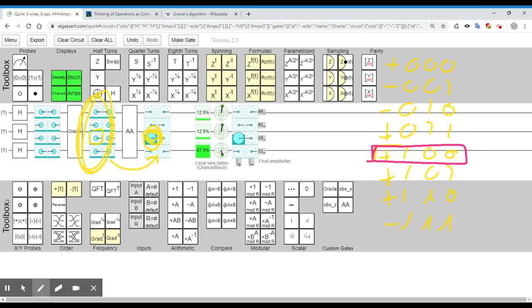So let's put it this way. Each of these combinations, each of these parts would explode into their own 8 different possibilities after applying the Hadamard gate.